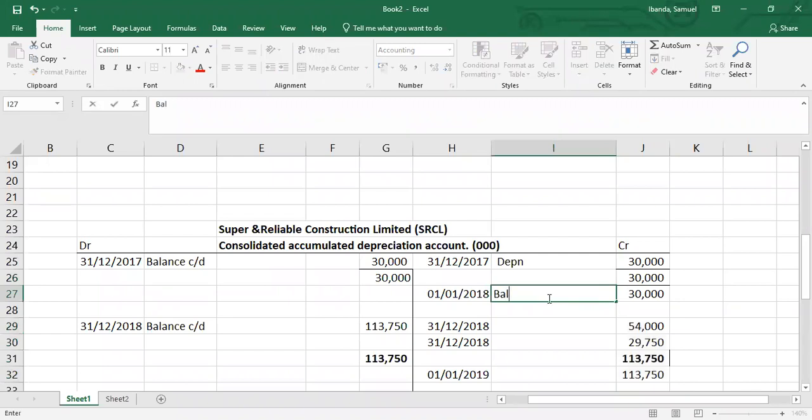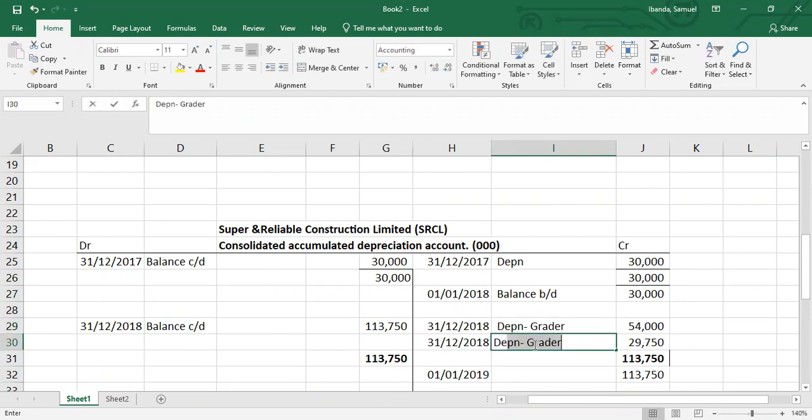This was balance brought down. This was depreciation. This was greater. This was depreciation. Wheel loader.